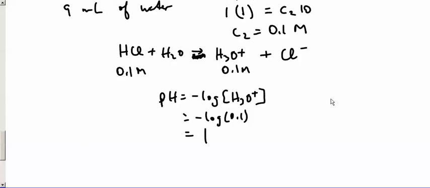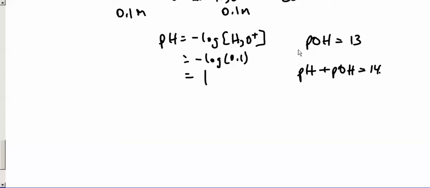If the pH is 1, the pOH is going to be 13 because I know that pH and pOH have to add together to get 14. So now I know what the pOH is. It's 13. And so I'm going to use the formula for pOH, exactly like the pH formula, but different.